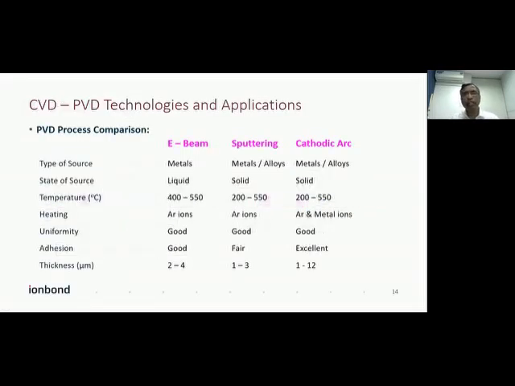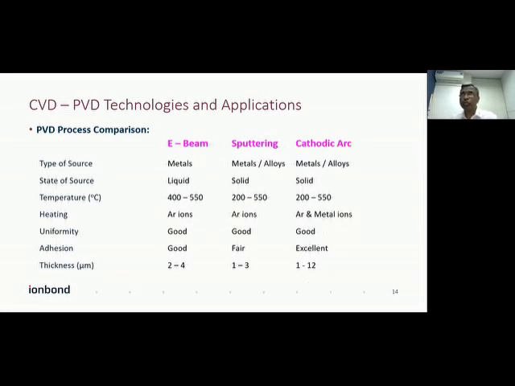So this is the comparison between electron beam, sputtering and cathodic arc. The type of source, meaning the coating material used for the PVD coating: in electron beam, it is a pure metal, like titanium alone or vanadium alone or aluminium alone. So a pure element is used in the e-beam, whereas in sputtering or cathodic arc we are able to use metals as well as alloys.